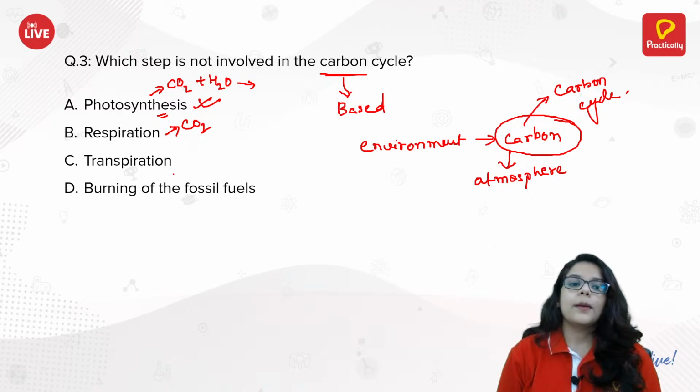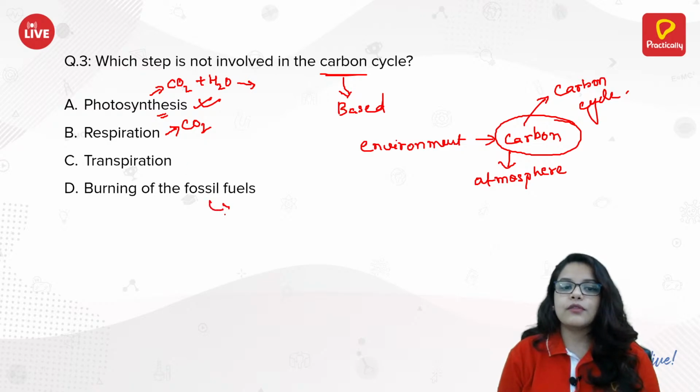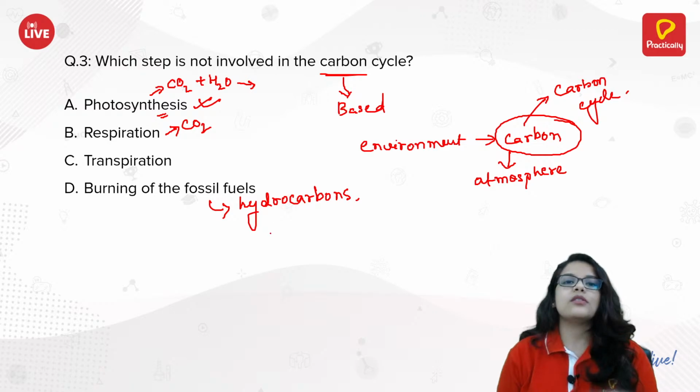Then burning of fossil fuels. Fossil fuels are crude oil, etc. Everything is carbon based there. They are hydrocarbons. If you burn these hydrocarbons, they will break and give out carbon atoms.